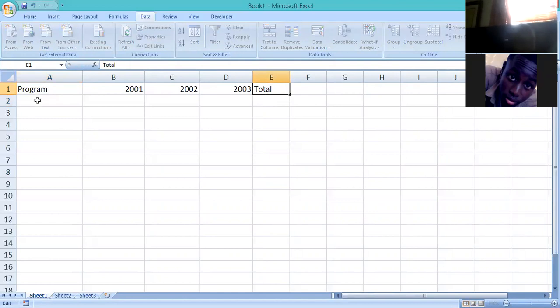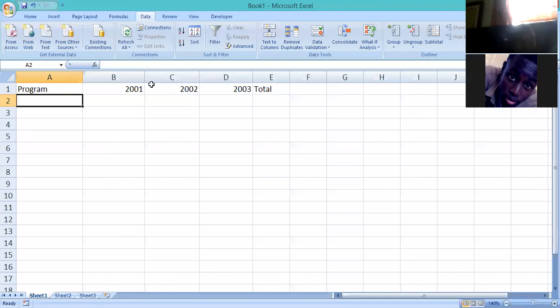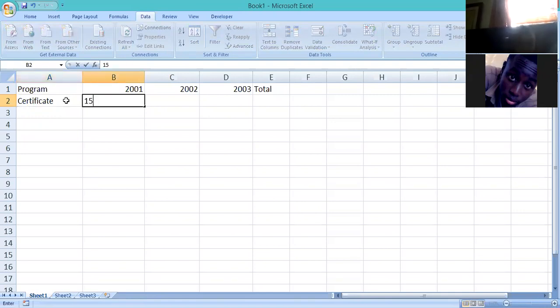All right. So what this Excel is showing is a college and the types of programs that the students do in the year that they did it, how many persons did it in 2001, 2002, and so on. So I'm going to fill in the figures. Certificate: in 2001, 15 persons did a certificate. 2002, 21 persons.